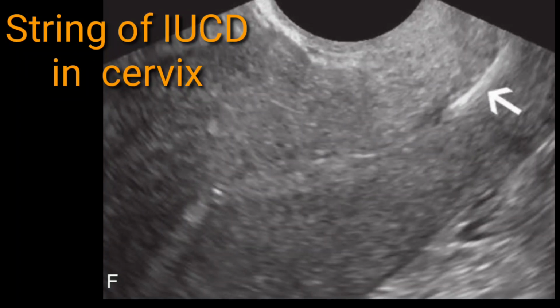For the part of the IUCD which is out of the cervical canal, you cannot confidently comment on it, although you can advise an X-ray pelvis. Radiograph would be helpful to appreciate how much of the IUCD is out of the cervical canal. So this would be your perfect report if you clearly mention all these things which you can appreciate on the ultrasound imaging.